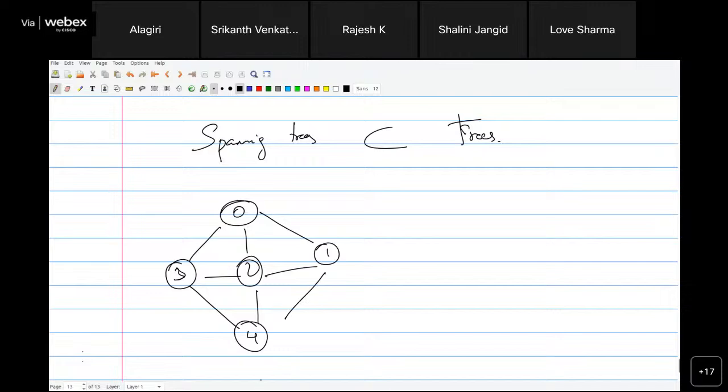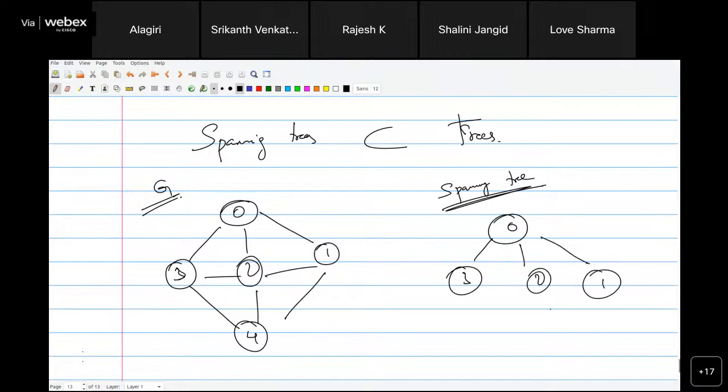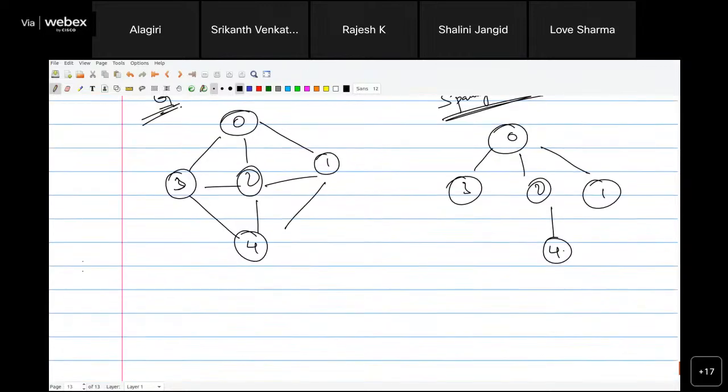Okay, so this is a graph, and we can span a tree. The corresponding spanning tree will be like this. You can have multiple spanning trees for a given graph. One spanning tree will be like this. So this is a spanning tree which is spanned from this graph G. You can create your own spanning trees.